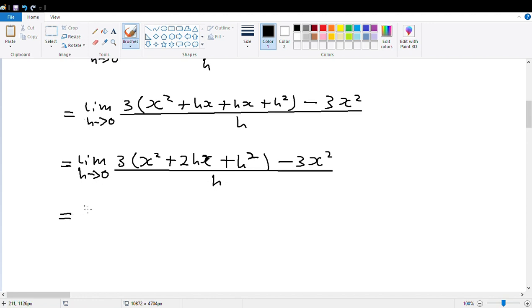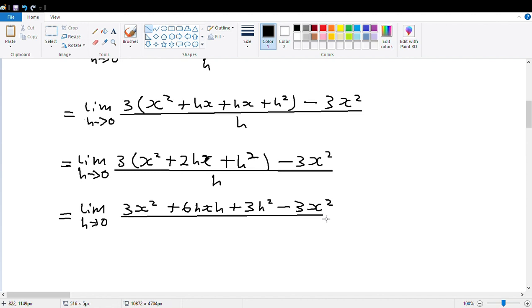So now we have limit when h approaches 0. 3 times x squared is 3x squared, then 3 times 2hx is plus 6hx, then 3 times h squared is plus 3h squared, therefore we have minus 3x squared there, and all that is still divided by h.